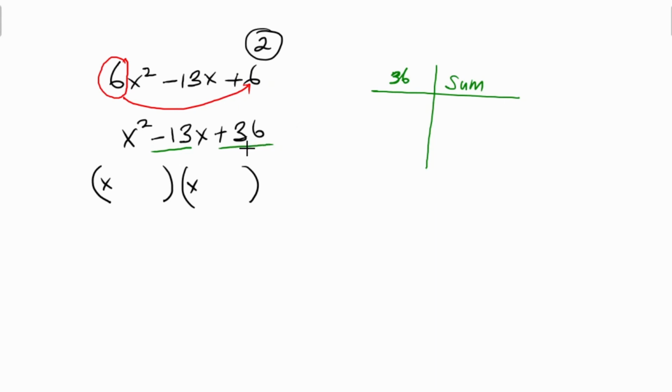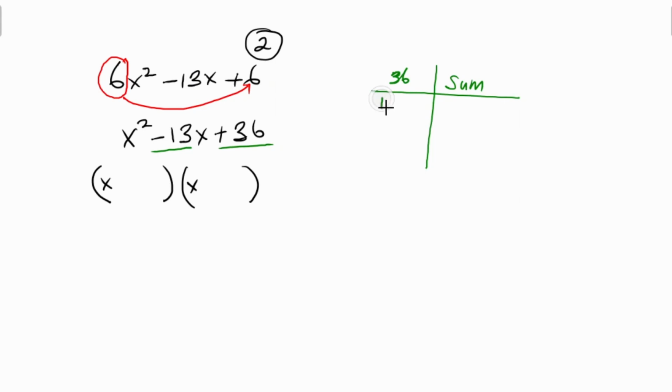Again, I'm interested in the signs. For us to have factors of 36 that add to negative 13, both factors must be negative. Because when we multiply two negatives, we get a positive answer, and when we add two negatives, we still get negative. So now we're going to list the factors of 36.